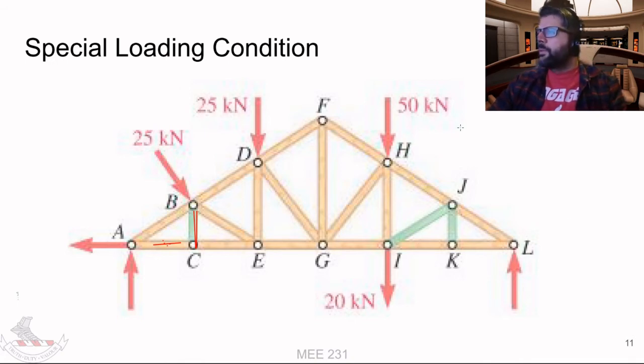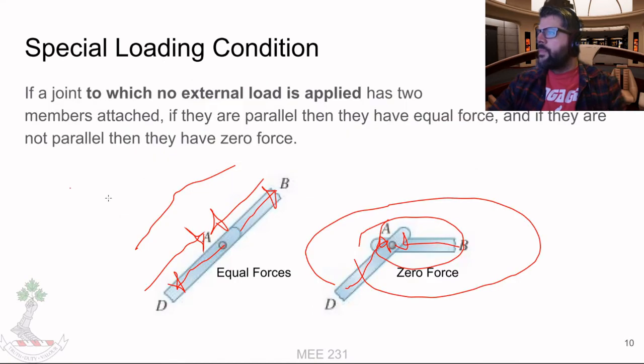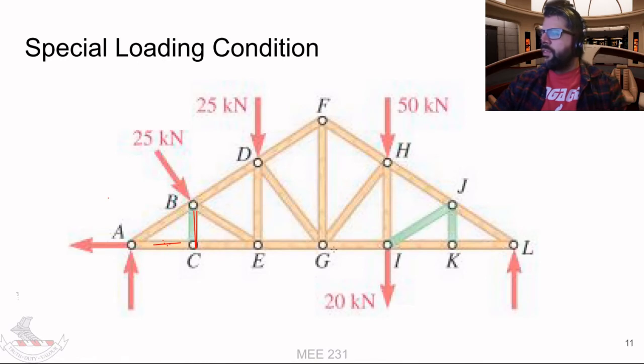I will say one thing here. I did talk about how we shouldn't hold it in compression if we have only 2 members. This joint, like the span from A to C and C to E, can still hold a compressive force.